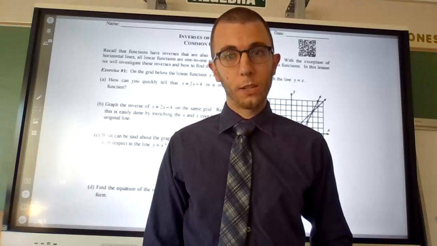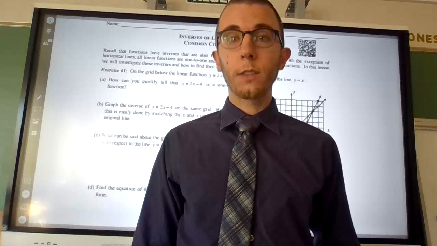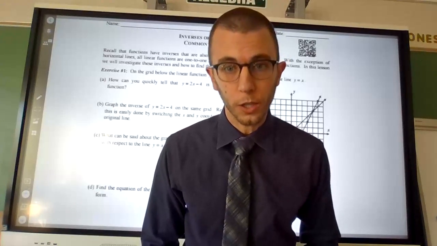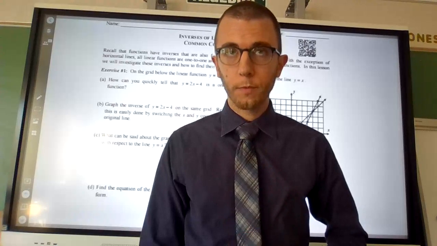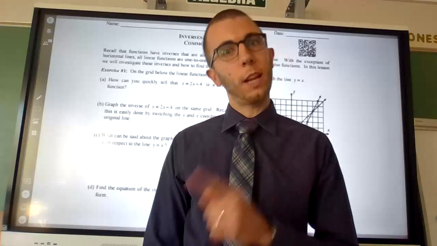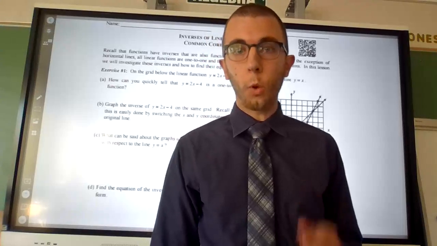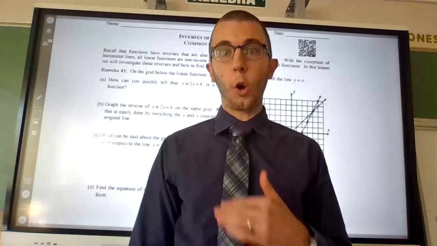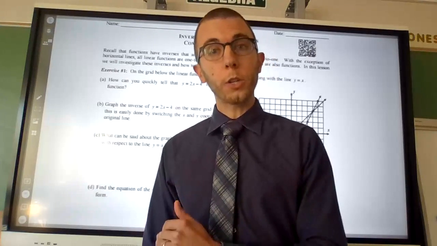So recall, first of all, that a function will have an inverse that is also a function if that original function is 1-to-1. That's the only way a function can have an inverse that's also a function.